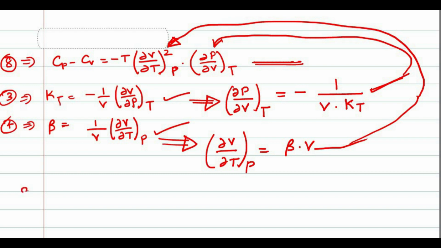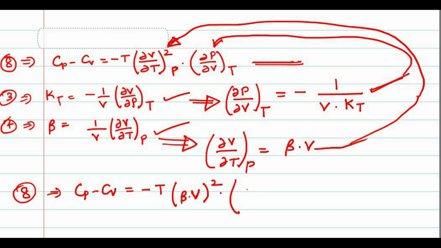So our equation 8 becomes Cp minus Cv is equal to minus T into dou V by dou T at constant pressure, it is beta V. So I have to square, since square is there, into dou P by dou V at constant temperature, it is equal to minus 1 by V into kT, isothermal compressibility.